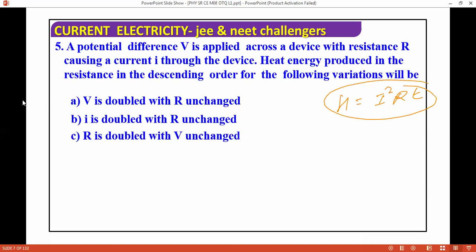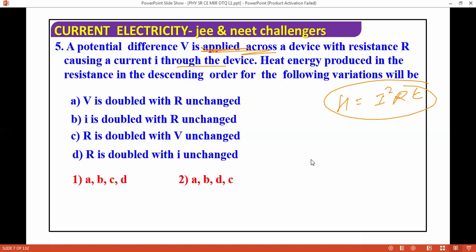What are we doing in this question? V is applied already, causing a current I through the resistance, and we need to arrange the heat energy produced in descending order for the following variations. If you are confused, use the current and resistance relation, I squared RT.